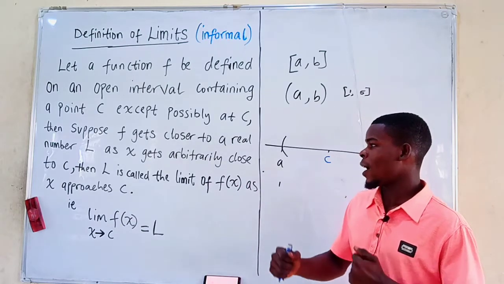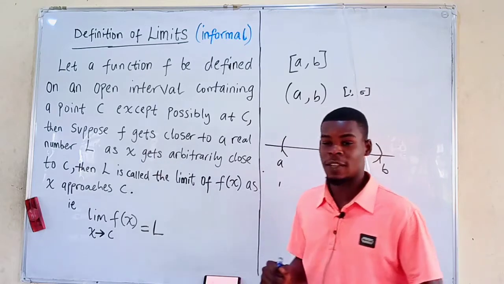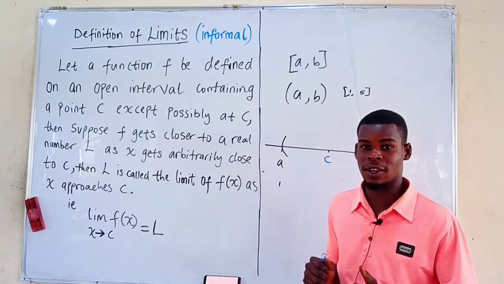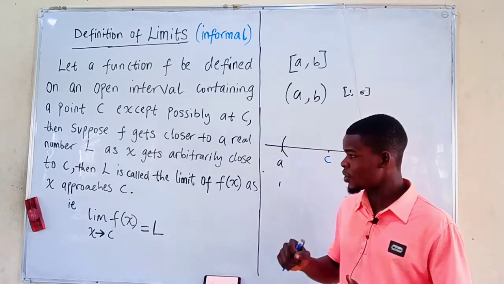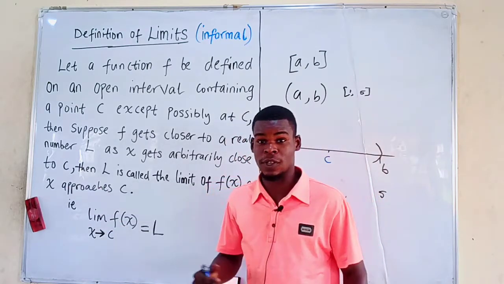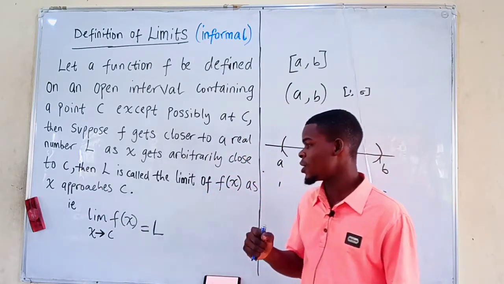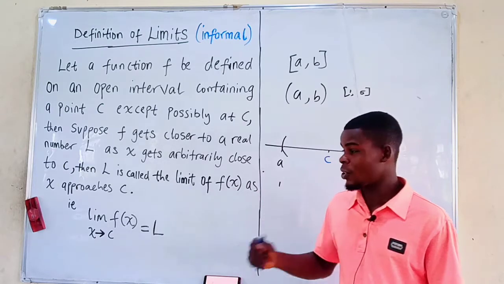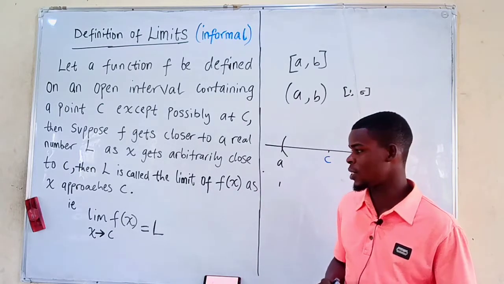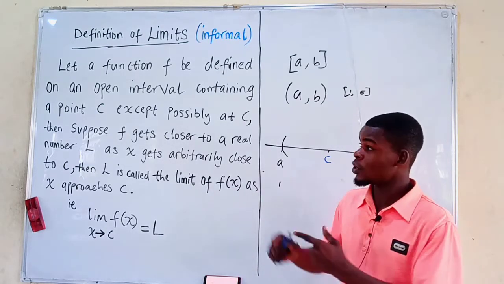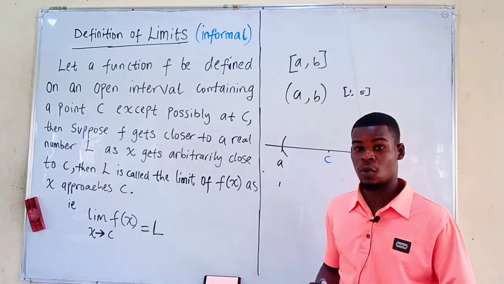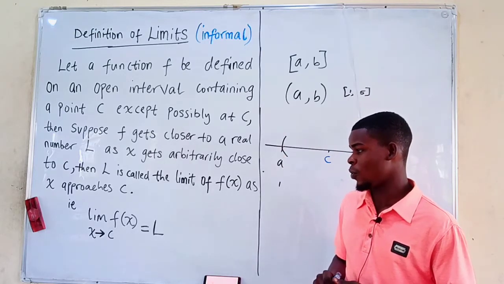So suppose the value of a function gets closer to a certain number as our input gets closer to the point c, then L is the limit of the function as x approaches c.